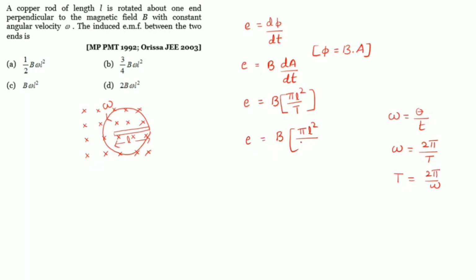So instead of writing capital T, we can write 2 pi divided by omega. E equals, so here pi will get cancelled. Remaining is B L square, omega will go to numerator divided by 2. Or we can write it as E equals 1 by 2 B omega L square. So the right option is A.